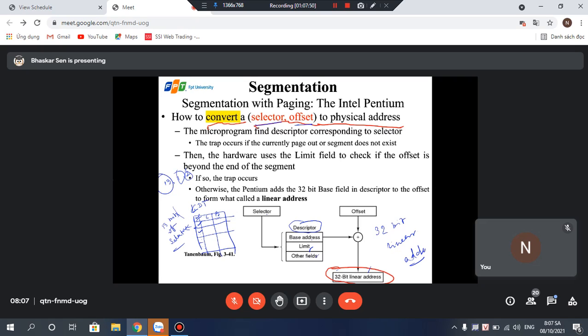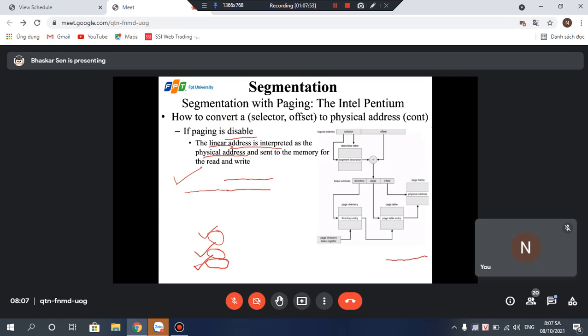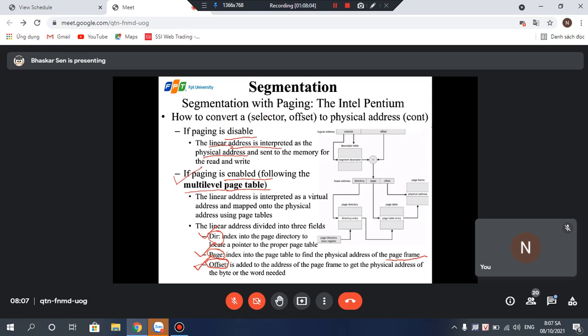So once you have this linear address, then you move on, you have two options. If you choose not to apply paging, then this linear address will be taken as the physical address. This linear address will be considered as the physical address on the memory.